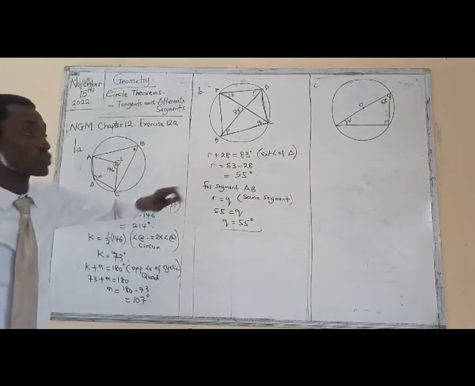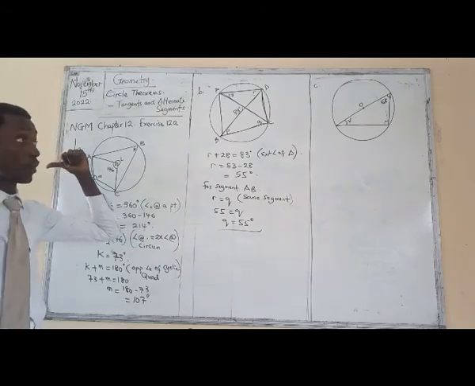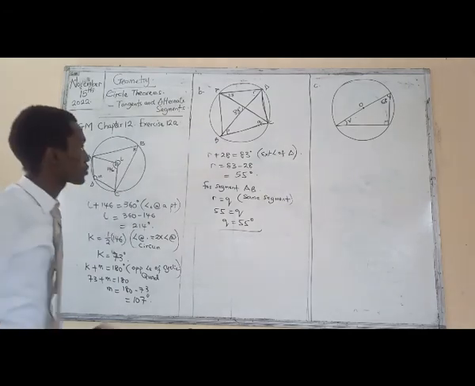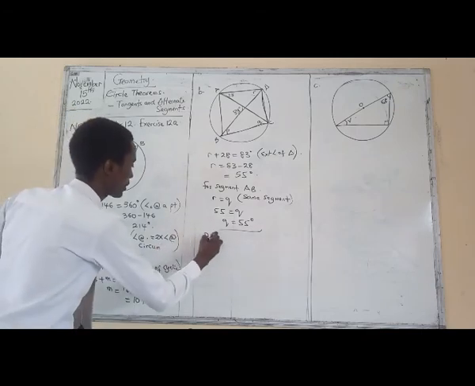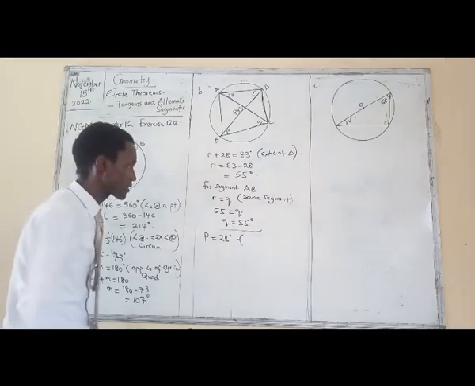So of interest to us will be the angles that are being formed on the circumference of the circle facing the what? The segment. So we can say that P is equal to 28 degrees. What's the reason for that? Same segment. Beautiful.